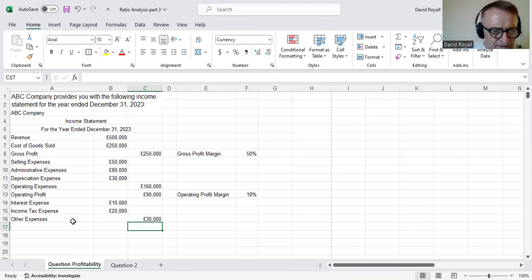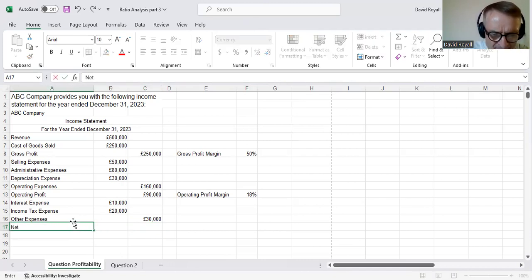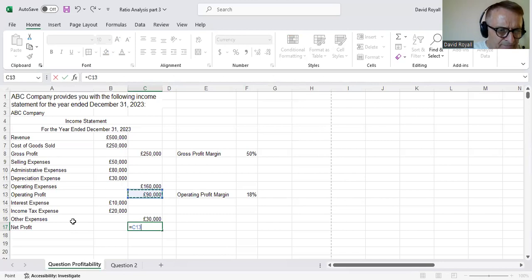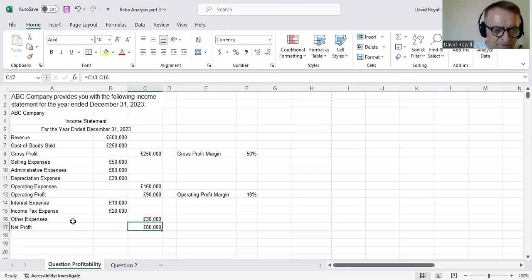Anyway, what have we got then? What we now have is our net profit. So we just take the profit that's left, and we're left with 60,000.